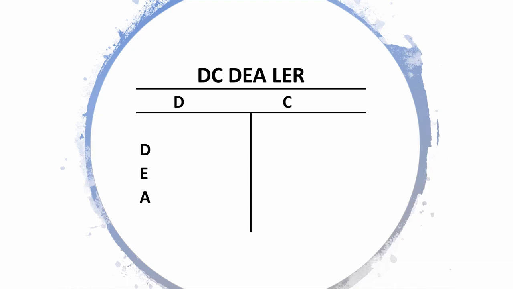The first three letters, DEA, have a debit natural balance for those respective accounts. The next three letters, LER, have a credit natural balance for those accounts.